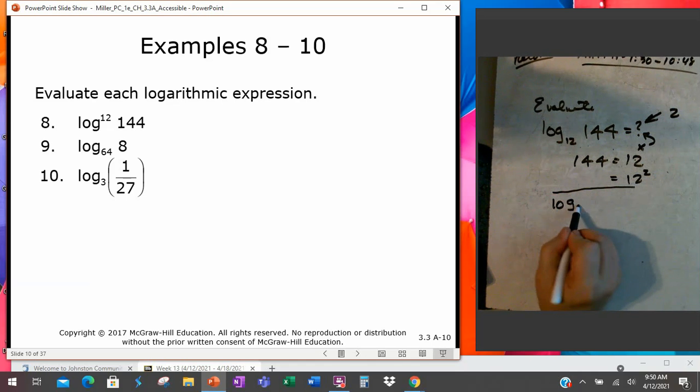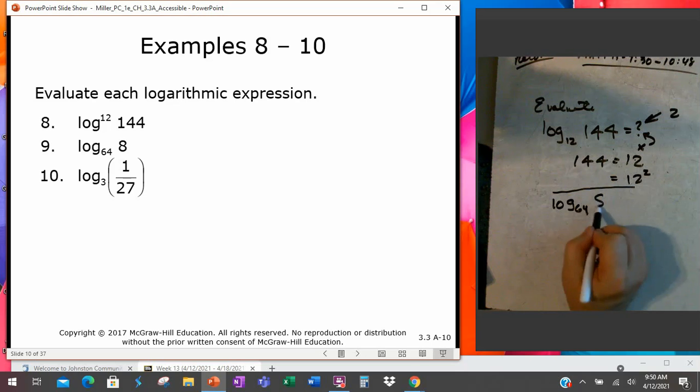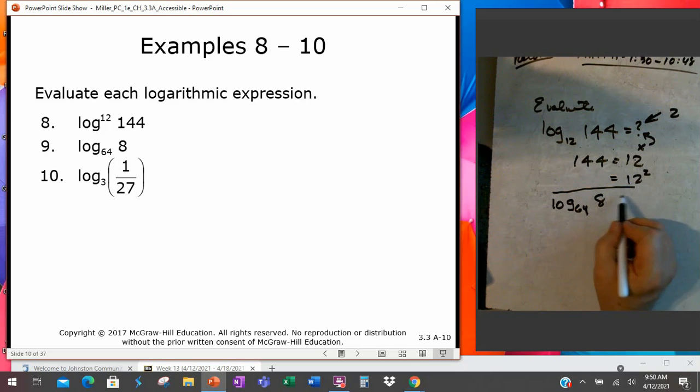What about this one? I want to represent 8 as a power of 64. What is that power? Since 8 is smaller, it can't be squared.